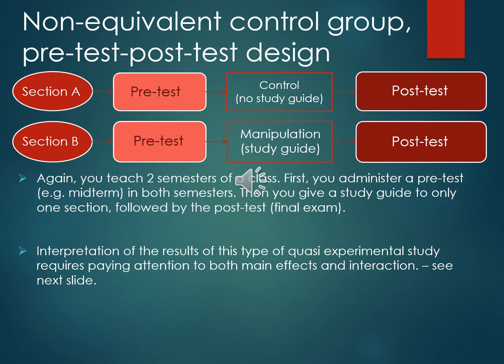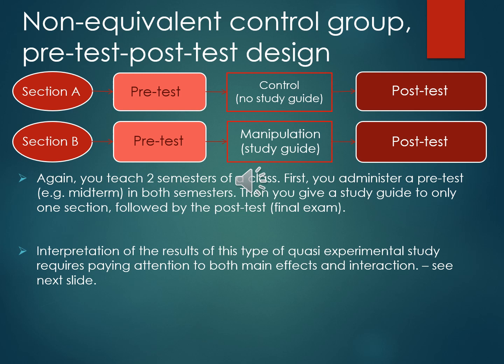Okay, so the difference between this design and an experimental design is that these groups are not completely equivalent, because you don't have random assignment. That's why this is still a quasi-experimental design. But even though these groups are not completely equivalent due to the lack of random assignment, it still gets pretty close to an experimental design, because these people are both pre-tested and post-tested.